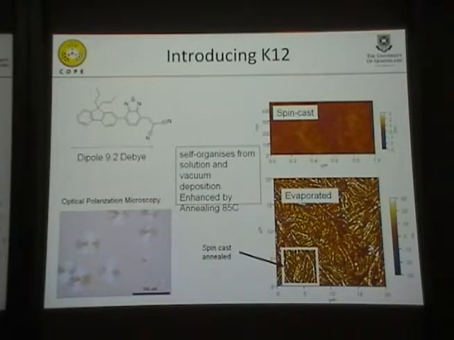We can solution process it or vacuum deposit it, and with a bit of annealing we can get it to form these organised structures in both the vacuum deposited and solution processed films. You can see here that there's some long-range order, which is reminiscent of a smectic type liquid crystal, although we're not entirely sure about this yet.